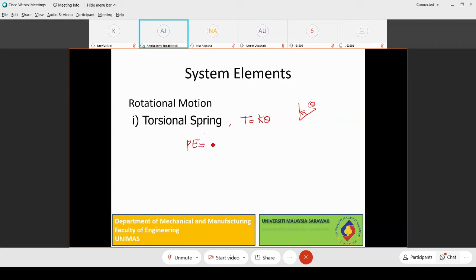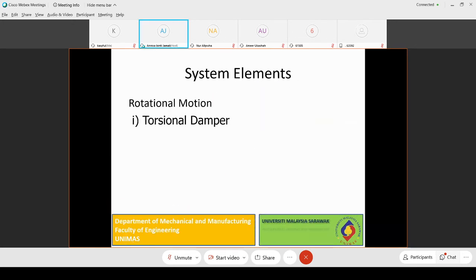The potential energy for the torsional spring would be half K theta squared. Remember, this is angular displacement.